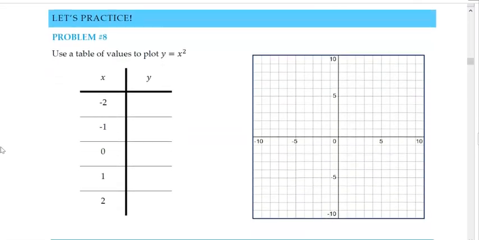All right. Here we're going to practice plotting some points given some values here. So if I put -2 in place of my x here, remember that on this first one I'll write it out, y equals, and then in parentheses, -2 all squared, right? Which is different than y equals -2 squared.